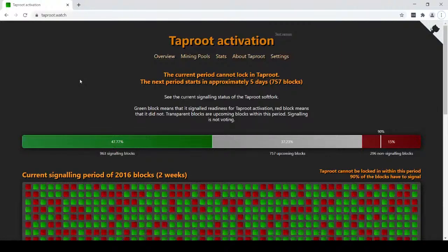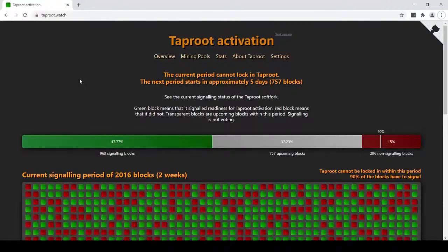So every 2016 blocks from the Genesis block, we have a difficulty period. And that's the period in which difficulty gets readjusted. Every 2016 blocks. So within that period, that's a signaling period. We use the same 2-week period to do a round of voting.